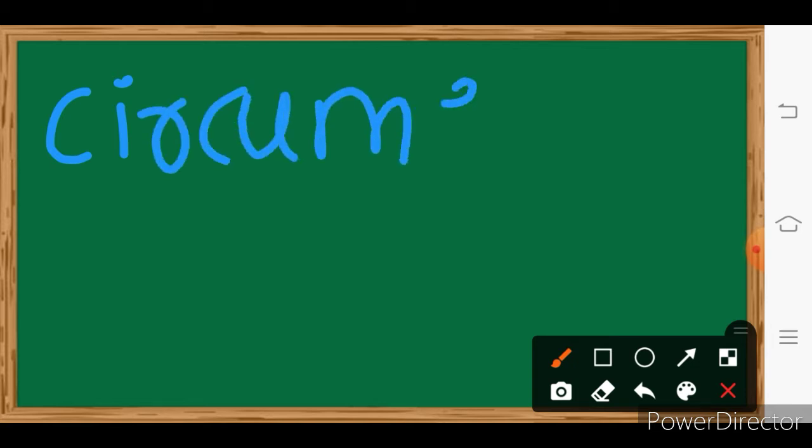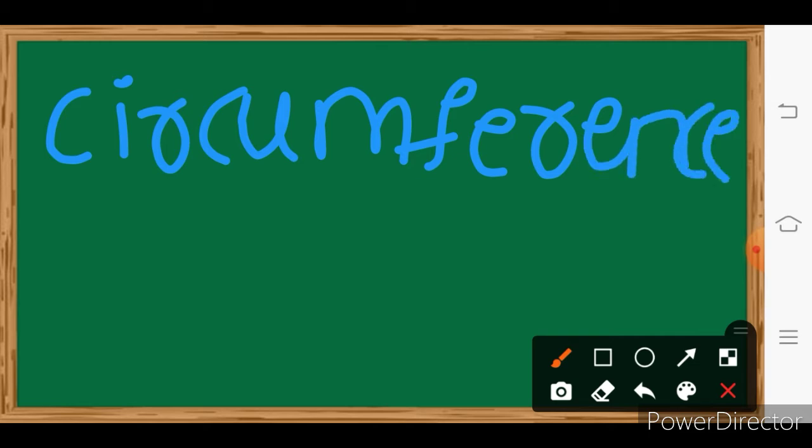Now we are discussing important terms related to a circle. First one, circumference. Circumference is the boundary of a circle, also called the perimeter.